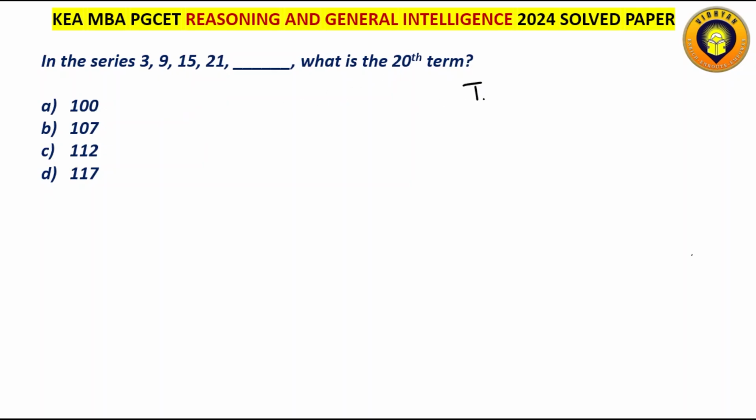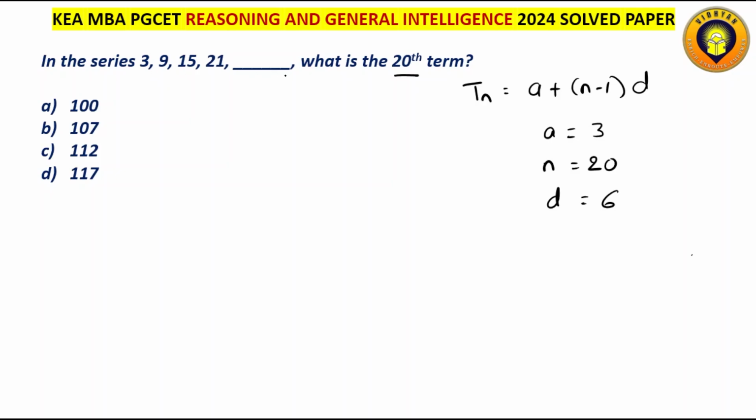You know how to find the nth term in arithmetic progression: Tn is equal to A plus n minus 1 into D. A is the first term, which is 3. N is 20, since you have to find the 20th term, and D is the common difference, which is 6.